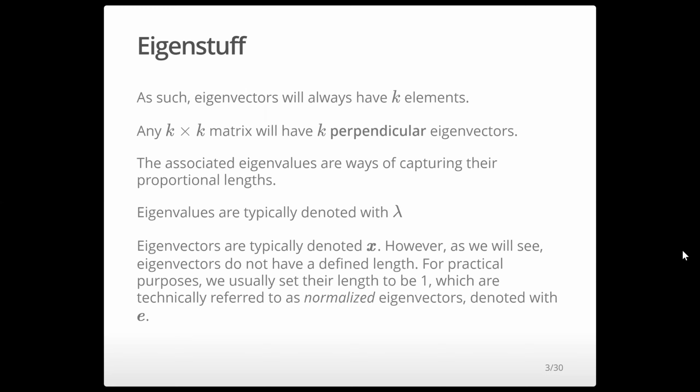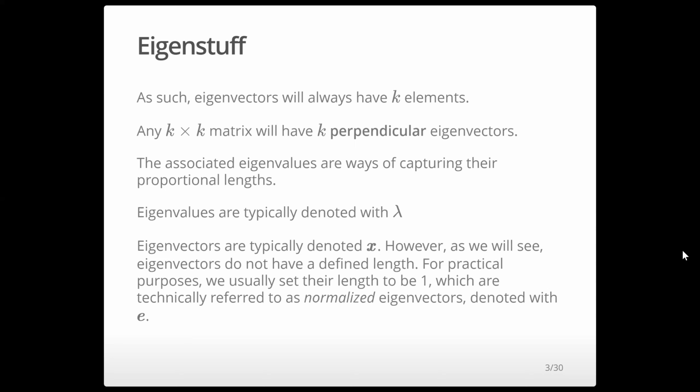The associated eigenvalues are ways of representing the proportional lengths of the eigenvectors. So the eigenvectors give a direction, and then the eigenvalues give the relative lengths of each eigenvector. We denote eigenvalues with lowercase lambda and eigenvectors with lowercase x.